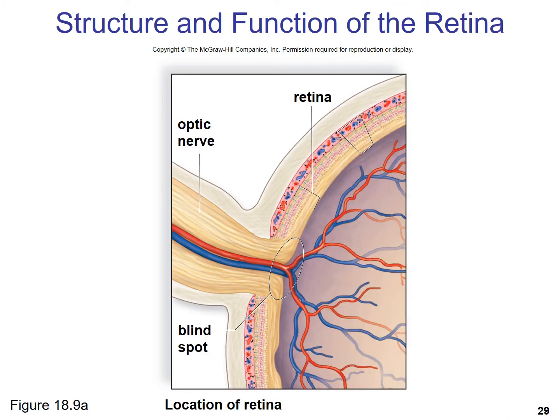So we're going to take a closer look at the structure and function of the retina. One thing that I want to point out here that's encircled is the blind spot. And so the blind spot is basically an area where you can't perceive anything at all. And this is something that you tested for in the senses lab. And the reason why you've got a blind spot is because in this area there are no rods and no cones. So take a closer look at the picture here.